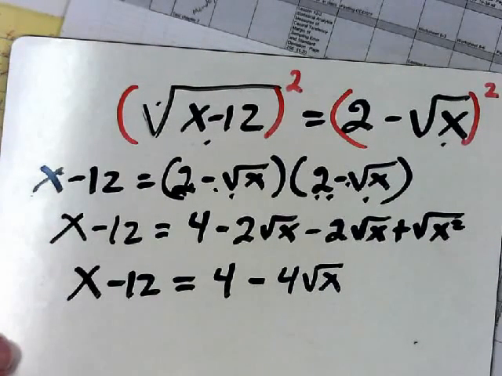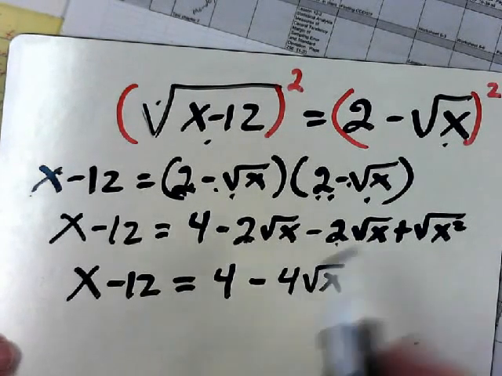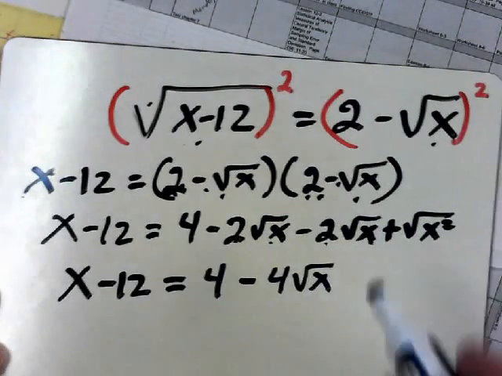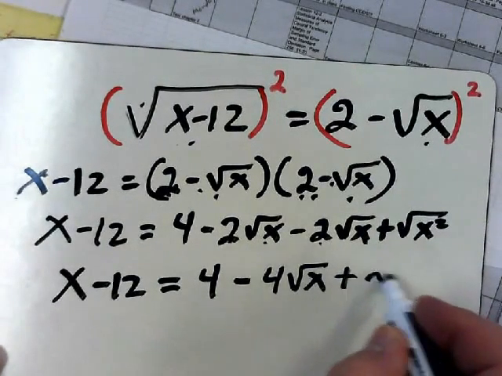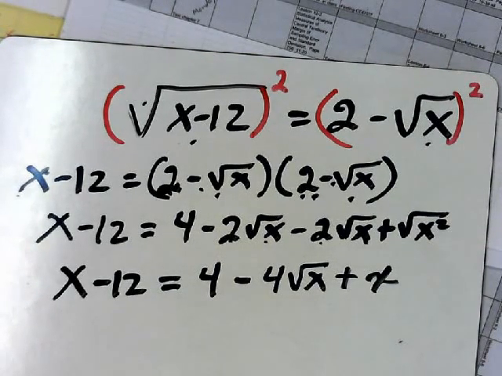Remember yesterday when we talked about the square root of 3 plus the square root of 3? You added the coefficient or the number in front, and this radical stayed the same, right? Okay? Plus x, because isn't the square root of x squared x?